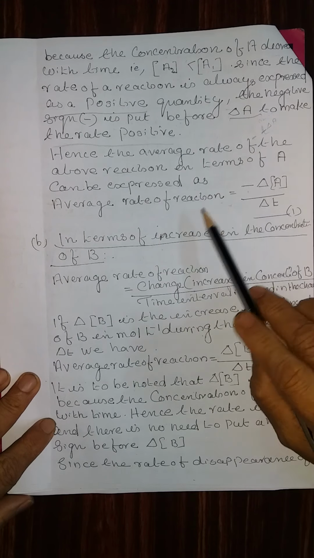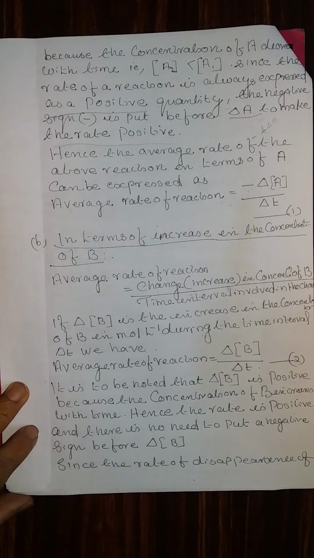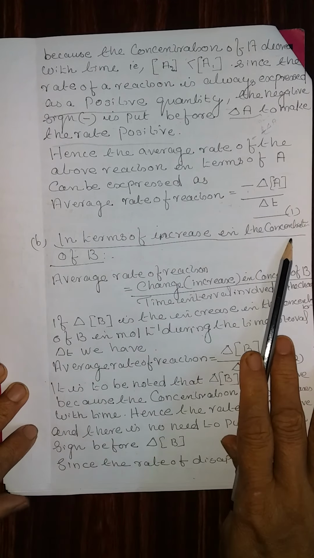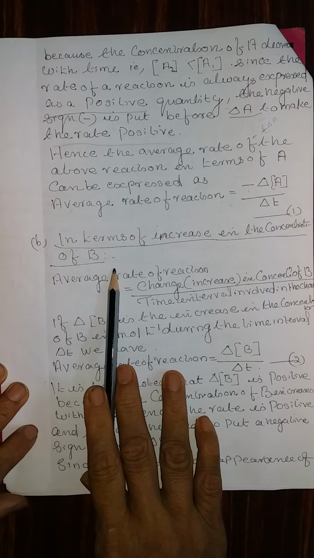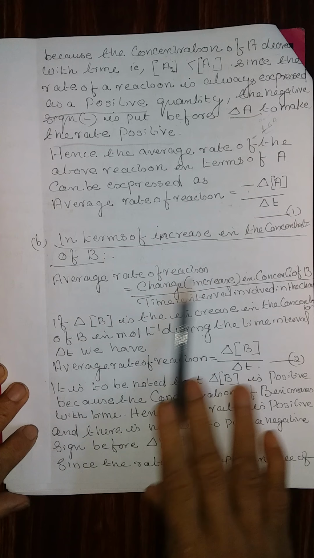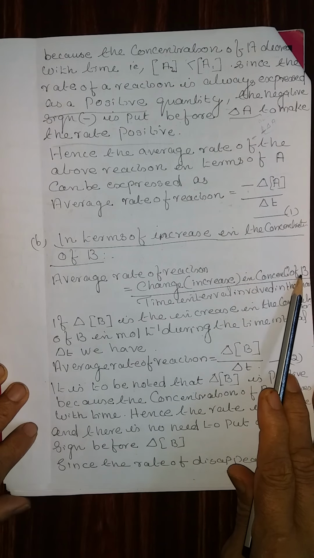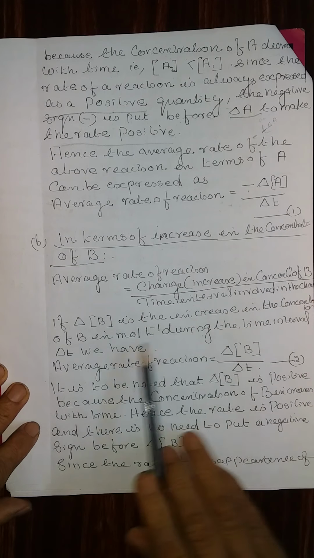Therefore, average rate of reaction is equal to minus delta concentration of A divided by delta T. This average rate of reaction you can determine in terms of B also, that is the increase in the concentration of B. Average rate of reaction is equal to the increase in the concentration of B divided by the time interval involved in the change.